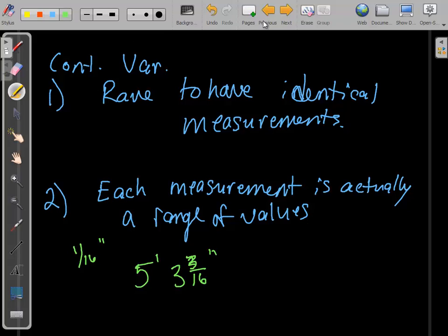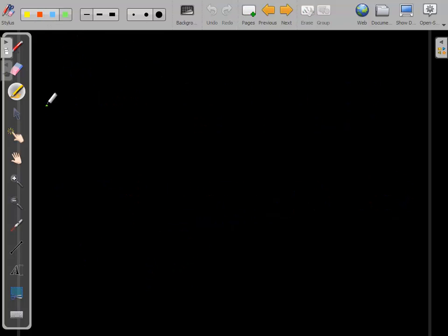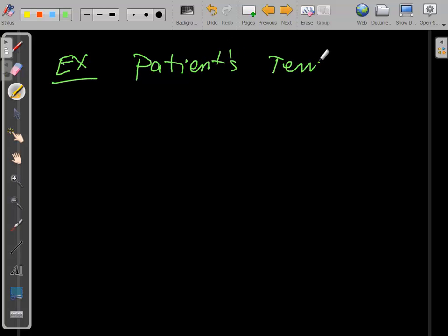So another example for this, if you're looking at a patient's temperature, your thermometer maybe gives you a temperature reading to the nearest tenth of a degree, let's say.